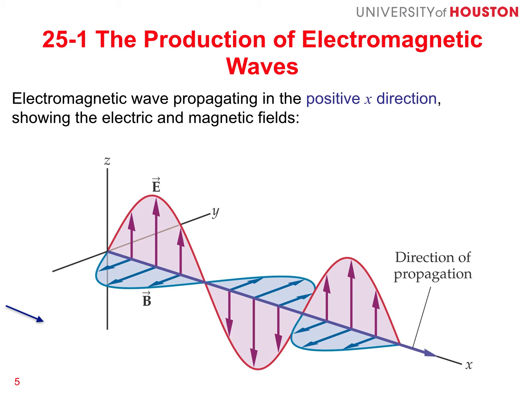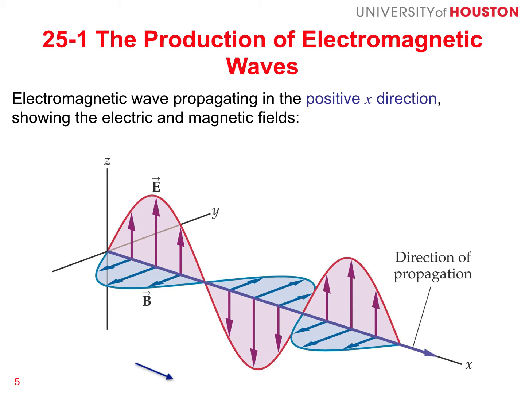Here we have an electromagnetic wave propagating in the x direction. By propagating, we mean that the peaks of the wave and the minima of the wave will move in the x direction.